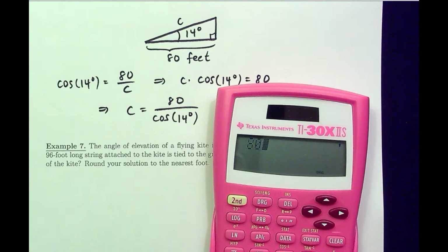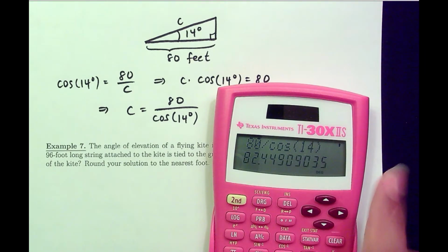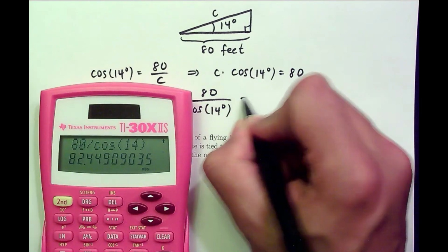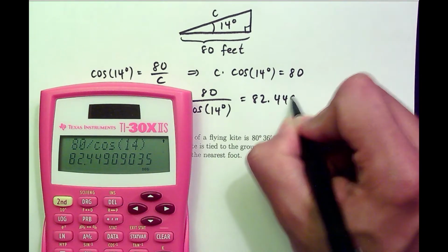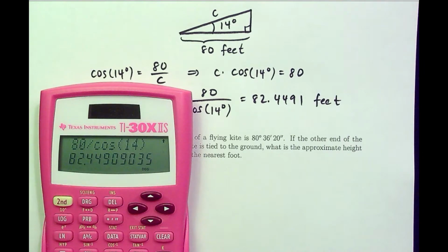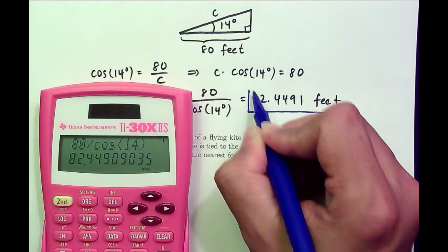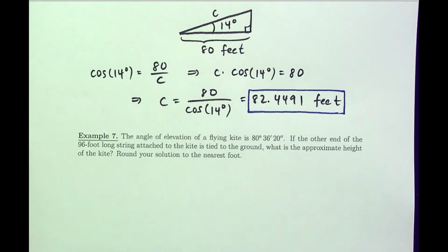Now we enter 80 divided by cosine of 14, and that gives us this, which we're going to round to 4 decimal places. So this is 82.4491, and this is feet. That's the length of the ramp. And that's it.